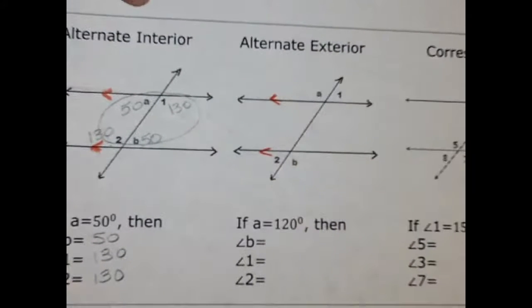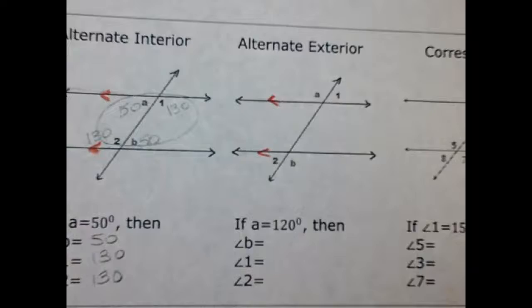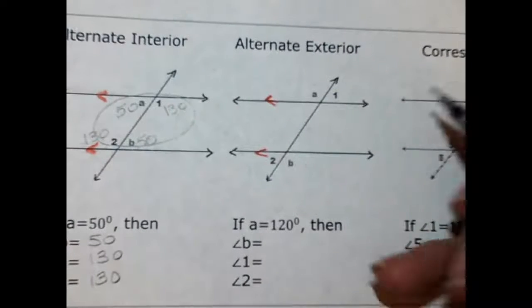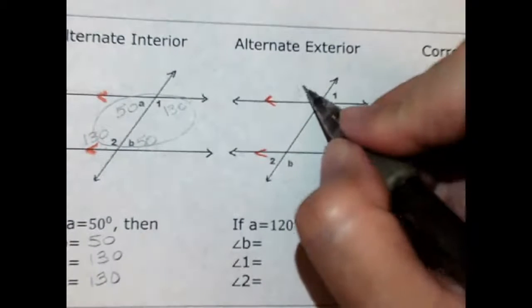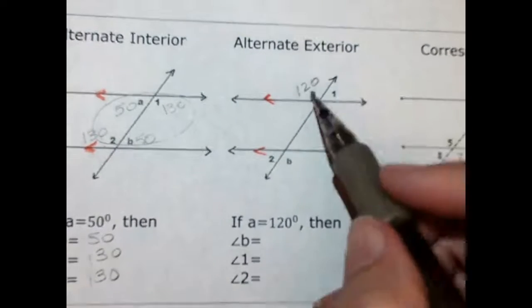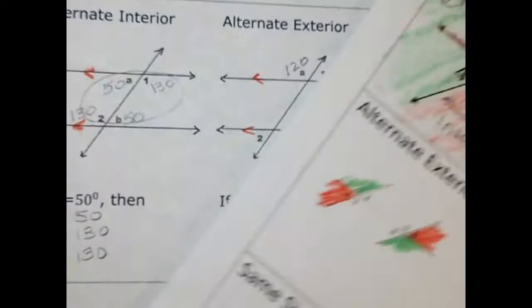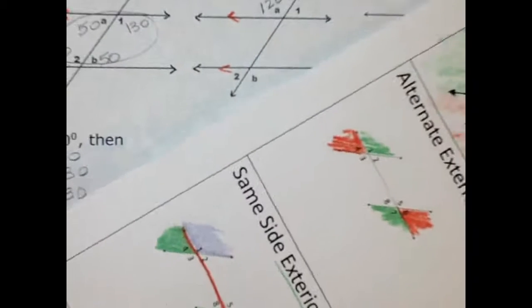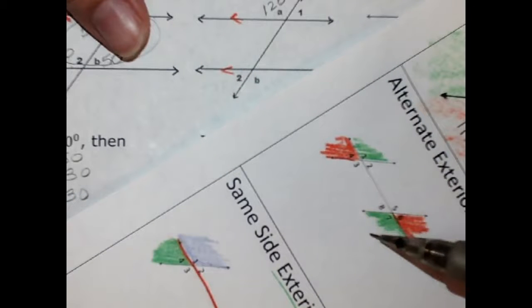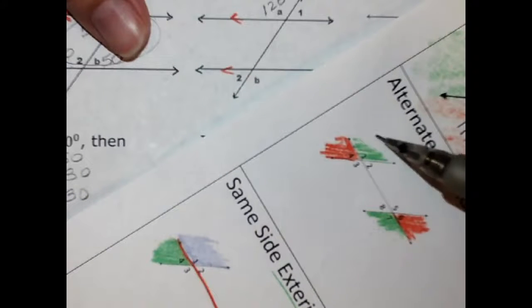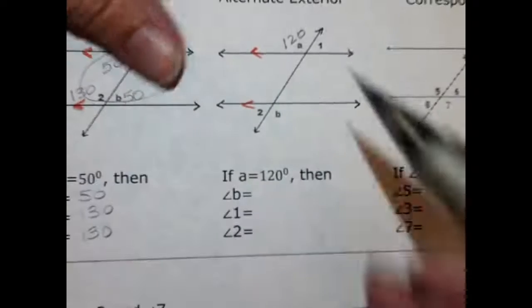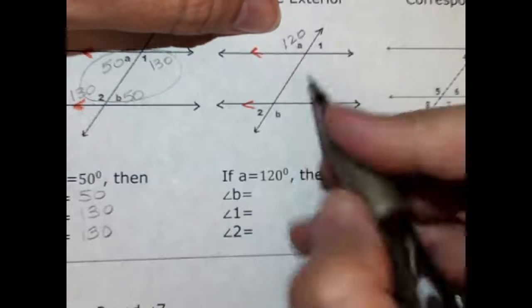Our next one is alternate exterior angles. That's the ones on the outsides. Here we're saying, what if this is 120? Well, if this one is 120, notice this is like these right here that we did earlier. We're talking about opposite sides of the transversal and on the outside of the lines. So it's this one and this one.